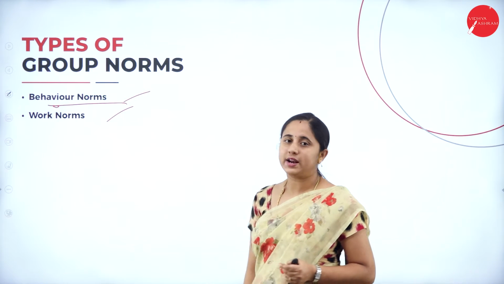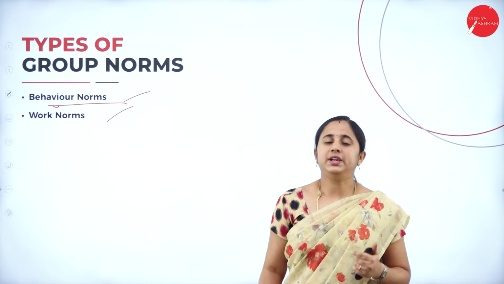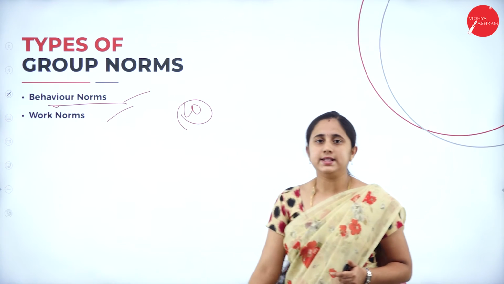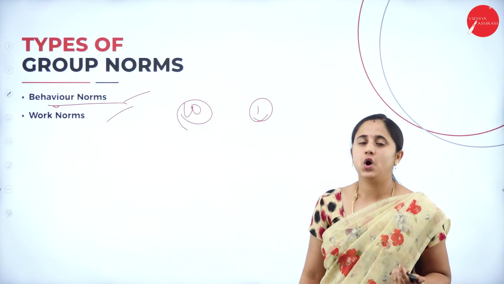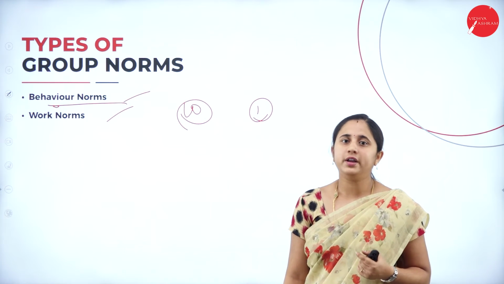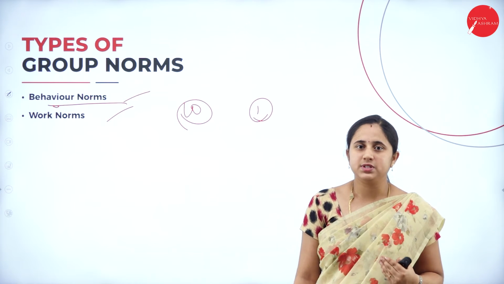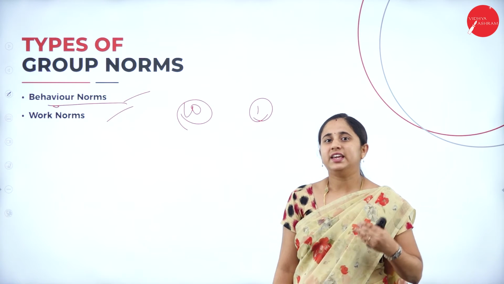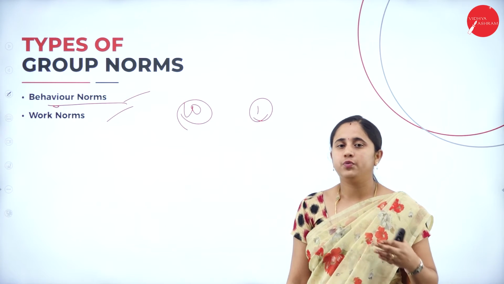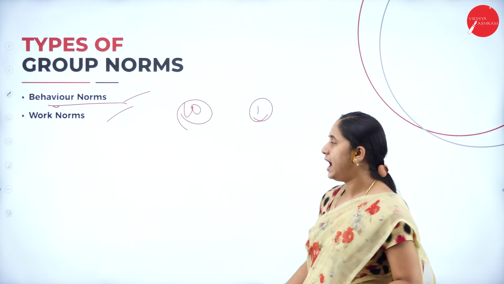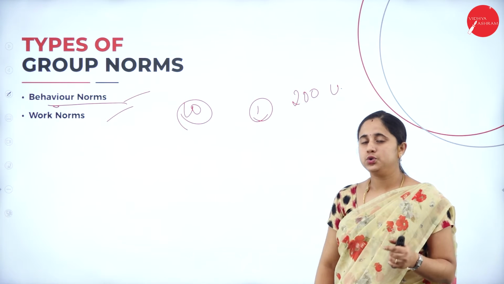So the next one is work norms. It is related to the individual working condition. For example, in a team of 10 members, one individual is more conscious, more effective, and more interested, so he works effectively without a break and produces 200 units per day.